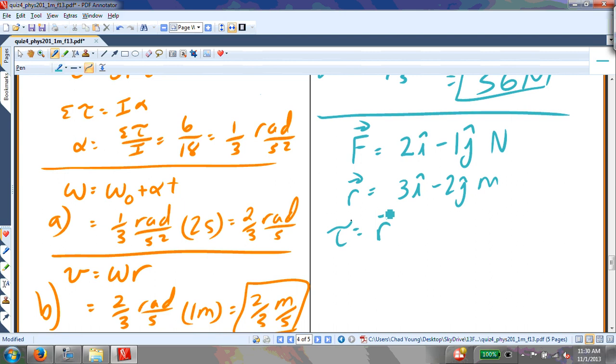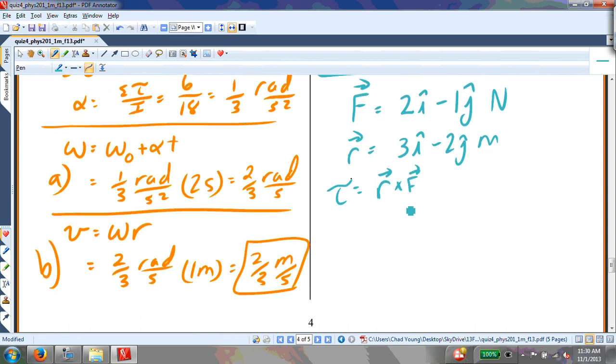The torque is r cross F. In fact, I'll use these numbers, so you'll see another question here. That's going to be 3i minus 2j crossed with 2i minus 1j. It's very important that you get the order in the cross product, because remember, r cross F is not equal to F cross r. It's equal to the negative of F cross r.